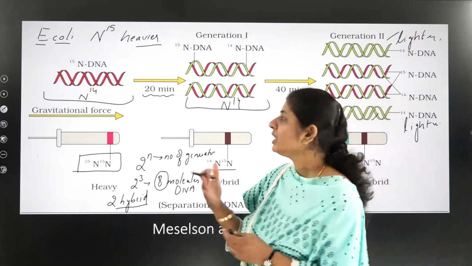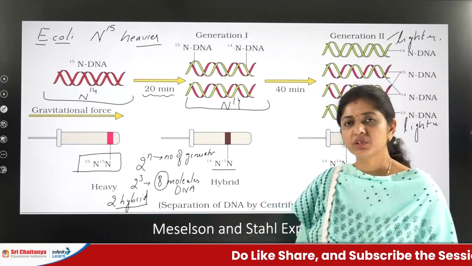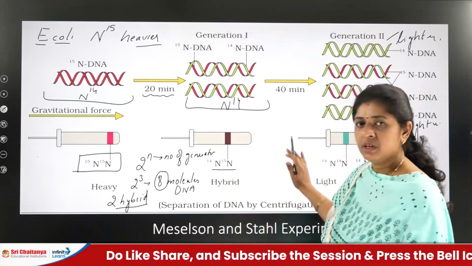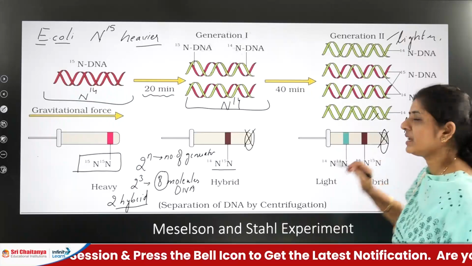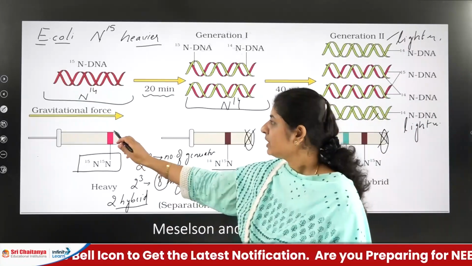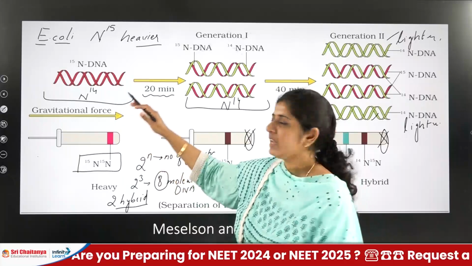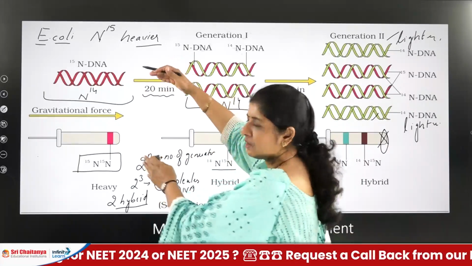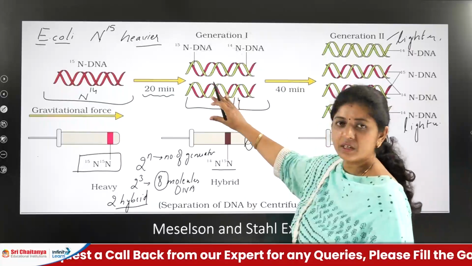Now, how can we come to know that this experiment is about the semi-conservative process? Because in no generation will you get anything at the base, meaning as a sediment. Why? Because both strands will be N15 only in the parent, and after that they will separate. One progeny will have one strand, the second will have the other.